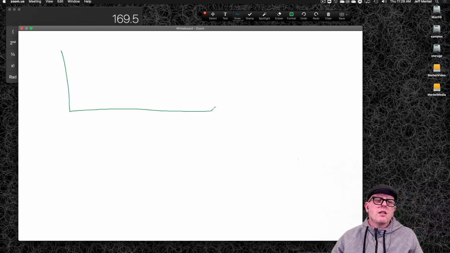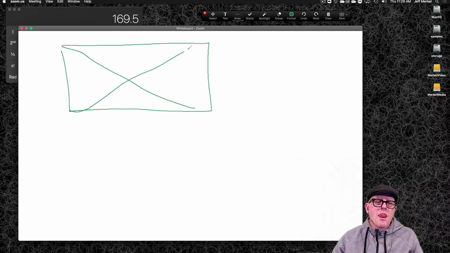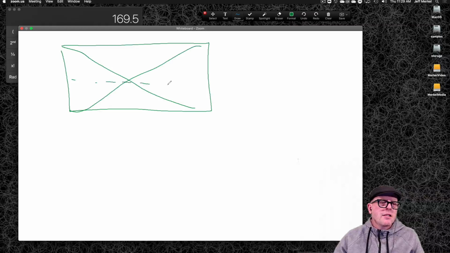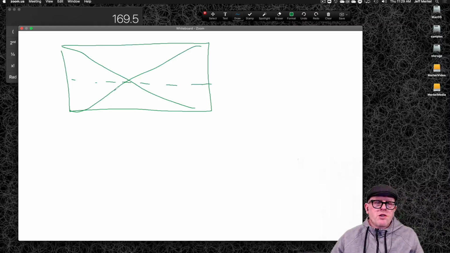So we draw our box, and if I draw this in terms of a pressure plot, it looks like this. But what we're going to do is draw what's a rectified wave. The rectified wave is just drawing the top half of the wave.